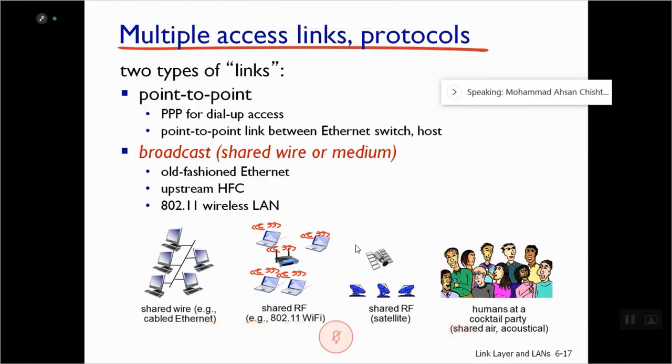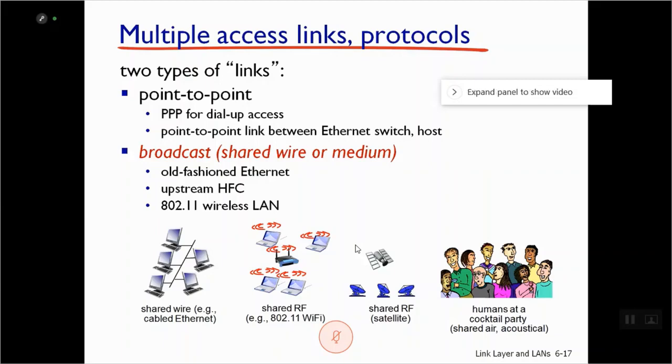As compared to that, if we take a class with 60 students, and everybody starts to speak, it's a broadcast channel, everybody is allowed to speak, then we would have a problem, wherein everybody would be speaking and what we would receive would be just noise.